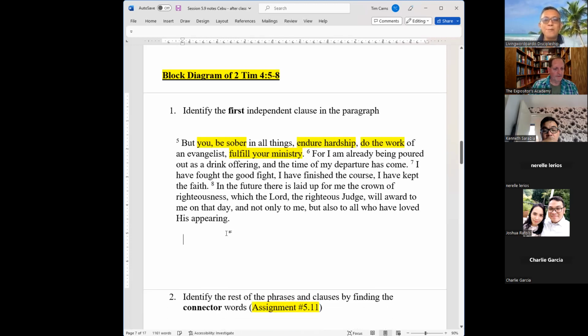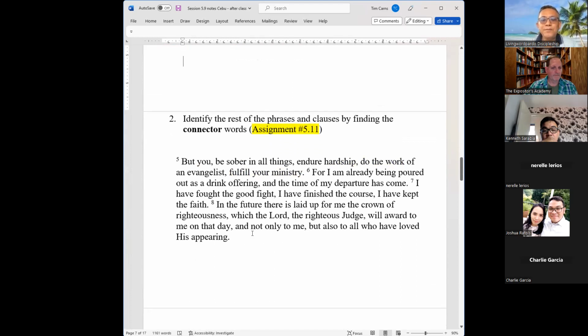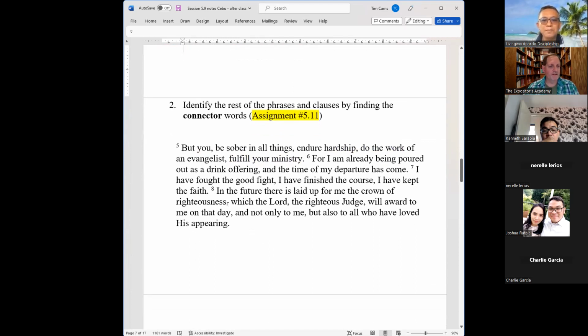Now let me go to Charlie here. Let's now identify the rest of the phrases and clauses in the passage. So Charlie, I want to start with you. Verse 5, do you see any connector words in verse 5? In, but. Okay, in and of.